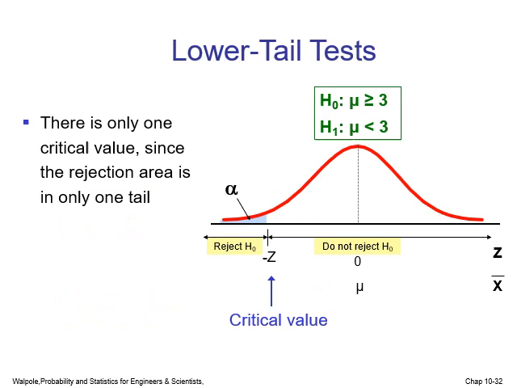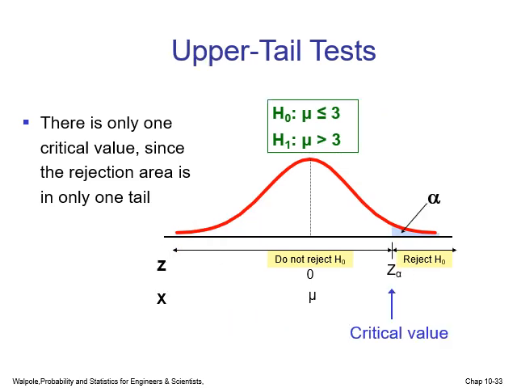Here is the configuration: for the lower tail test, we only reject if the value is lower, and for the upper tail test, we only reject if the value is higher.